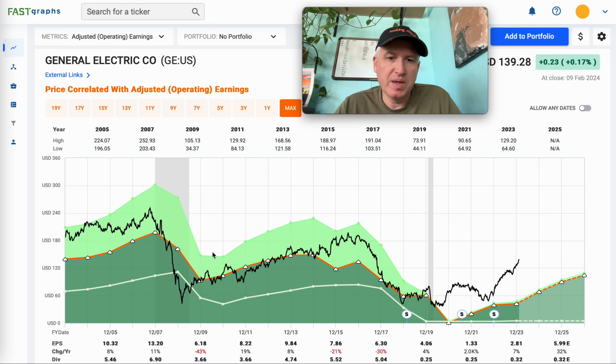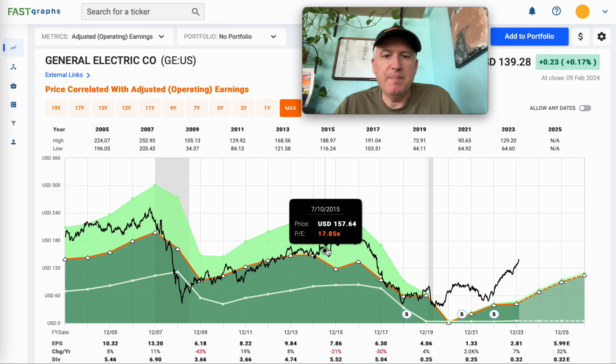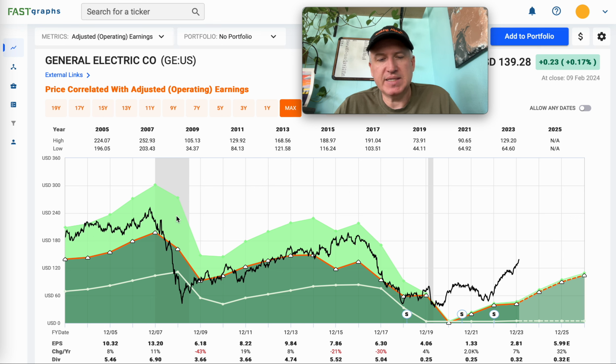I didn't do it. But when we got up to this point in about 2014 and 2015, we also saw revenues, which you can't see on this graph, because this dark shaded area is earnings. But revenues continued to kind of come down. They came down in the recession, which is understandable.